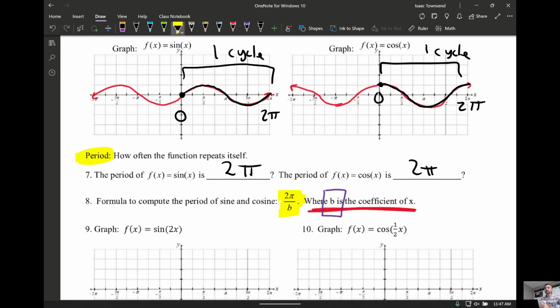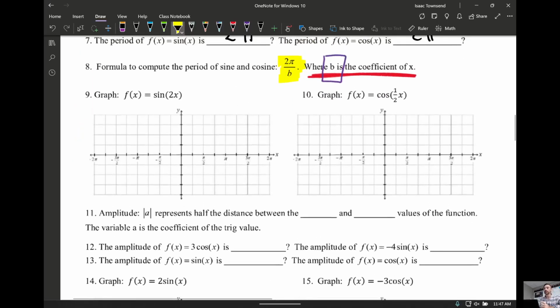So if we know what sine looks like, we can also figure out what sine of 2x looks like. Because now b is 2, I can calculate its period by using this formula and plugging in 2 for b. And what that does is it changes the period from 2 pi to 1 pi.